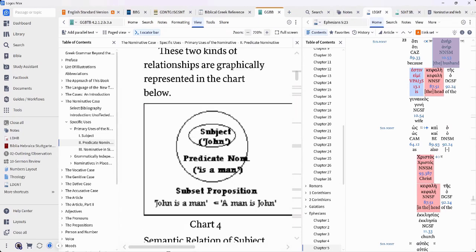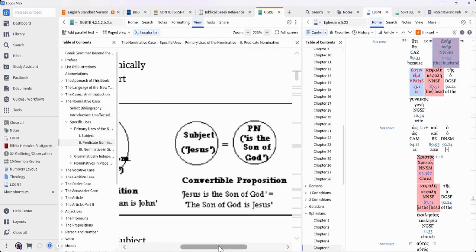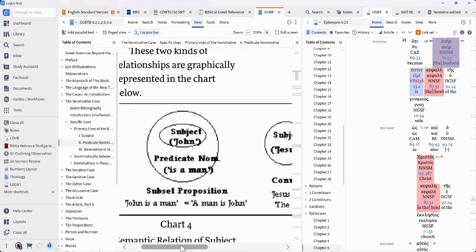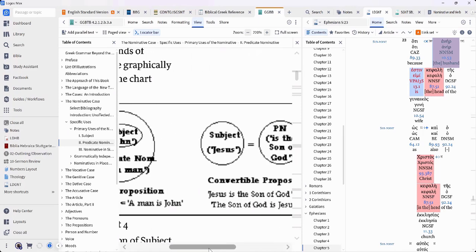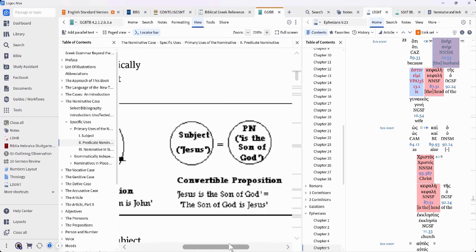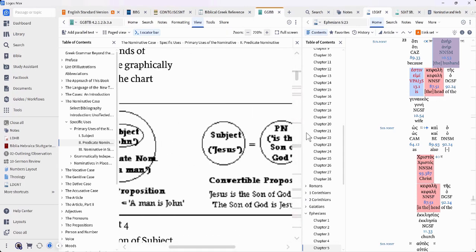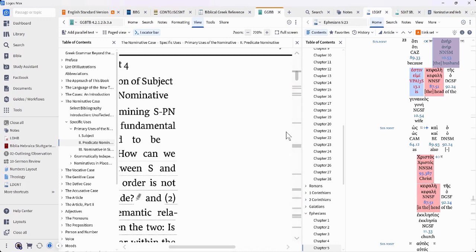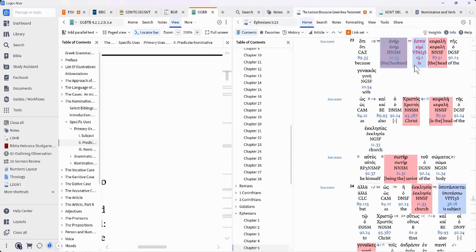So here, the subject equals. It can function in two ways. Either the subject equals the predicate nominative, so this would be the same thing. This is how our passage is functioning: the husband equals the head.